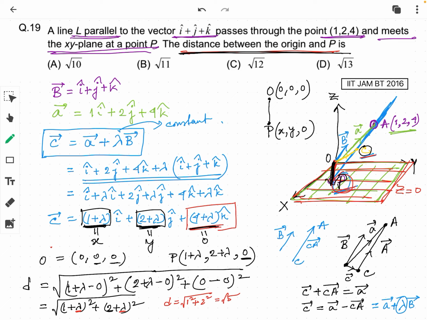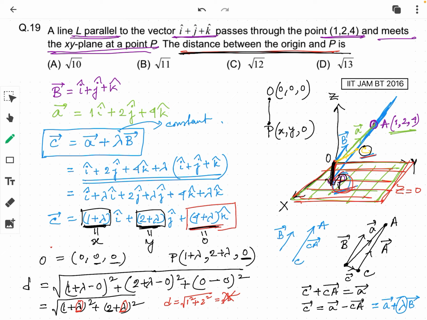But root over 5 is not our answer because our options don't match it.